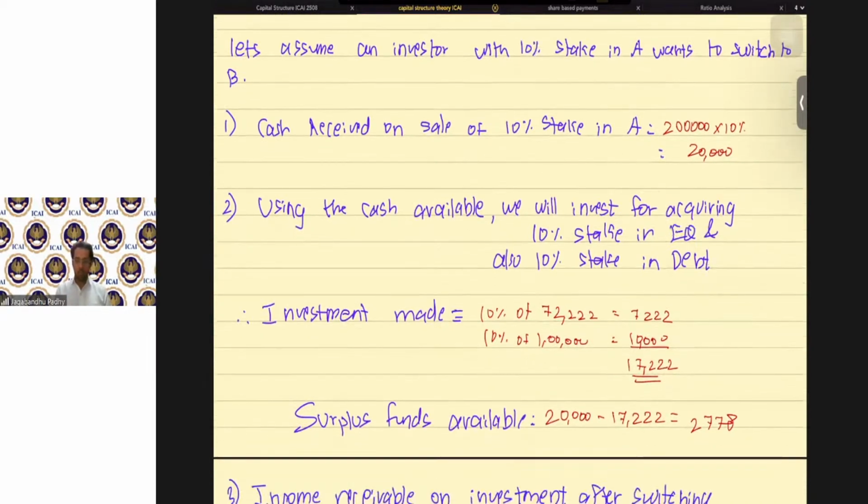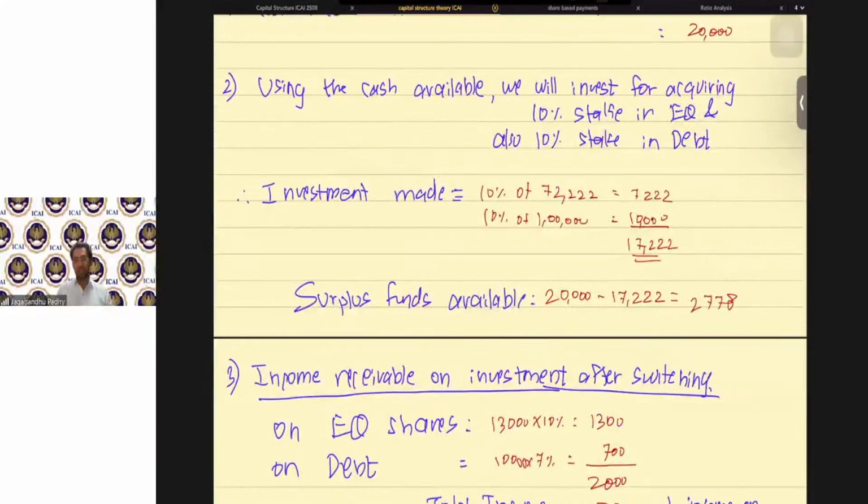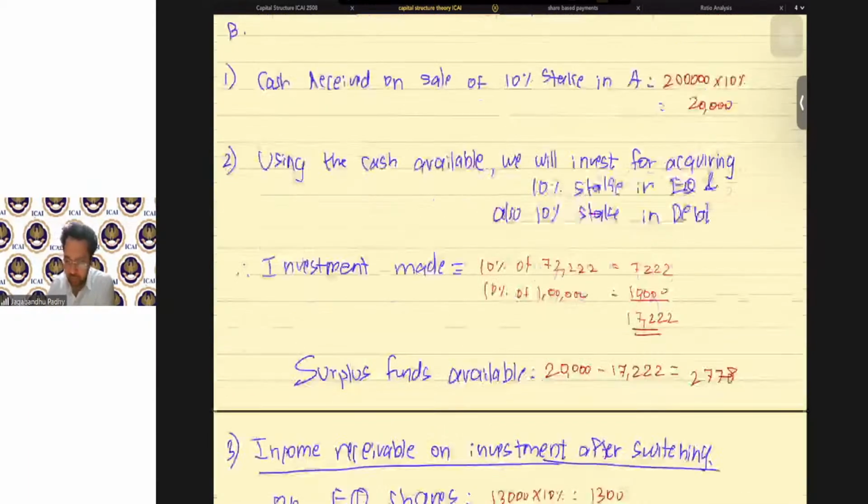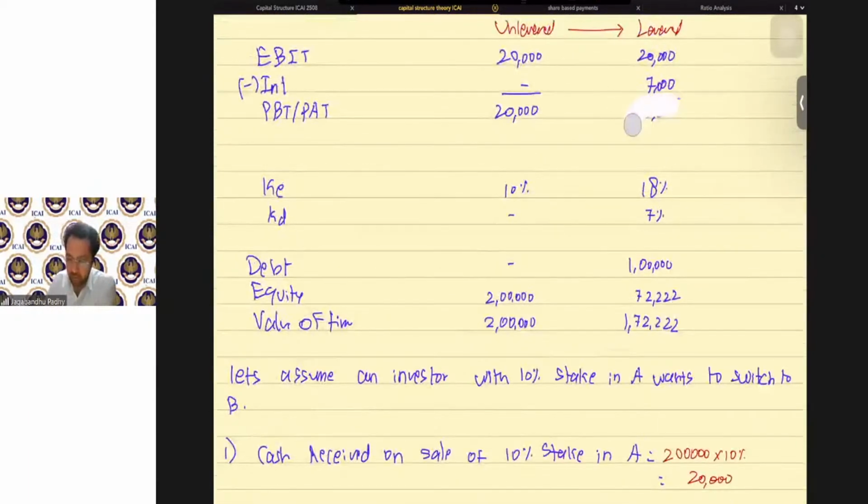Now, let us see what the income receivable was before and after. What is the income that we receive on equity shares, since we purchased some investment in equity? So earnings for equity was 13,000.